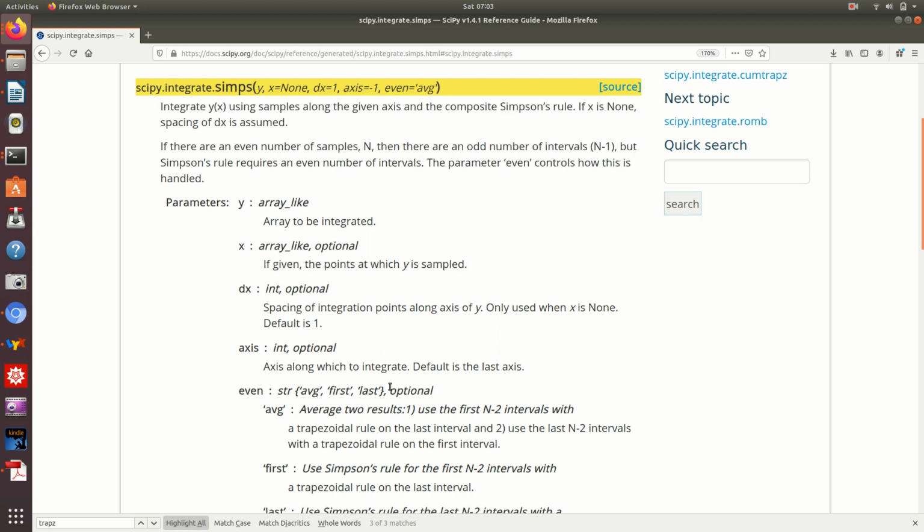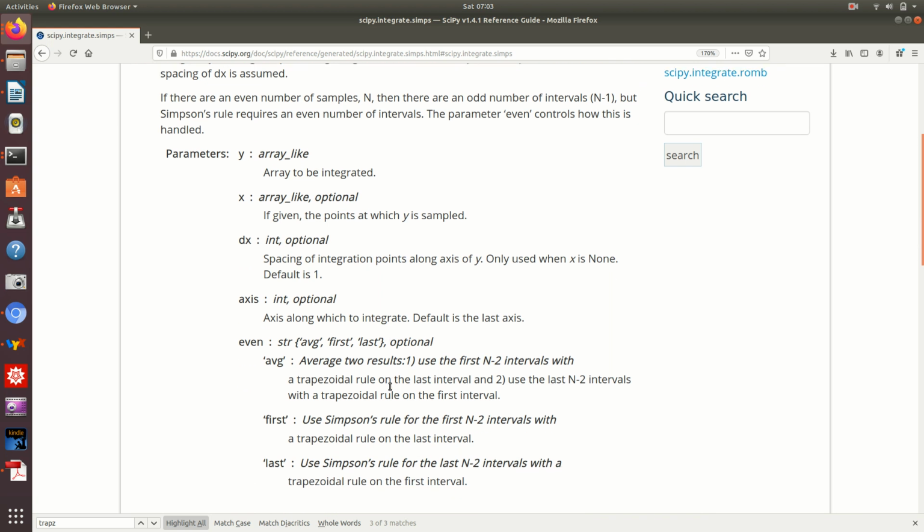The argument can take three values: first, last, and average. And the nomenclature should make it pretty clear what it is doing. In this case, I have given Simps 99 intervals. If I had used even equal to first, then given the fact that I have given an odd number of intervals, the even argument comes into play.